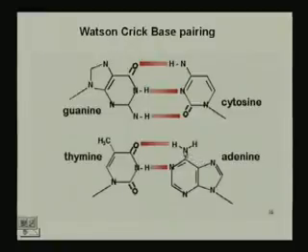Where is the hydrogen bonding? It is all from the 6-membered ring, right. In the Watson-Crick base pairing, the base pairing that adenine forms with thymine is from the 6-membered ring, but you have a fused 5-membered ring.